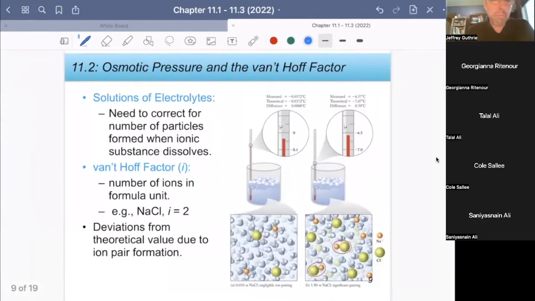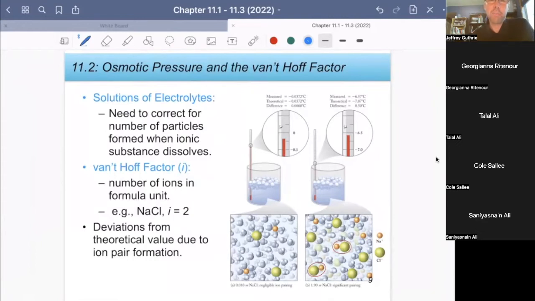All right, so now we can talk about what I is in this equation. I is called the Van't Hoff factor. Remember we're talking about colligative properties, so it matters how many solute particles are in the solution.